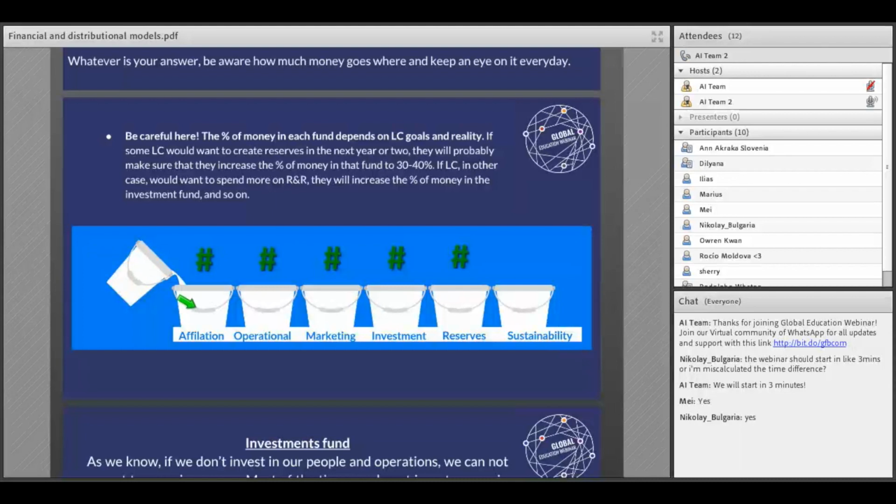Then of course you have to make sure that you are able to pay the affiliation fee, which is covered through the distribution model or the financial model. Then there is the operational bucket, marketing, investment, reserves, sustainability.